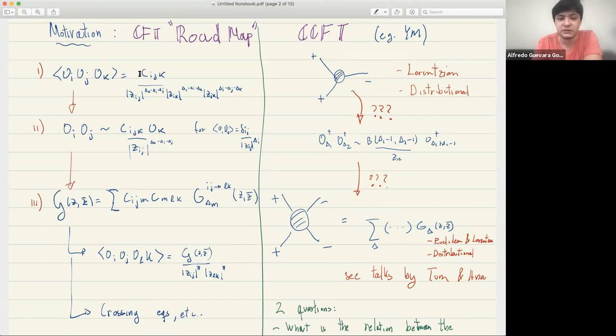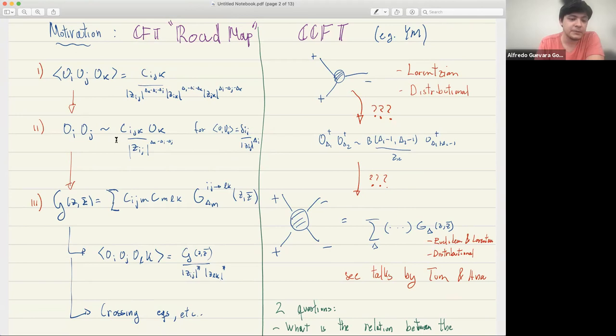There are some structure constants that we cannot determine just from conformal symmetry. And if we assume that there is some normalization of the 2-point functions, if they are orthonormal in this precise sense, we can basically relate directly the 3-point functions to the OPE. All right.